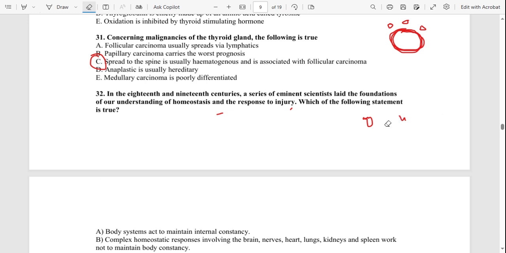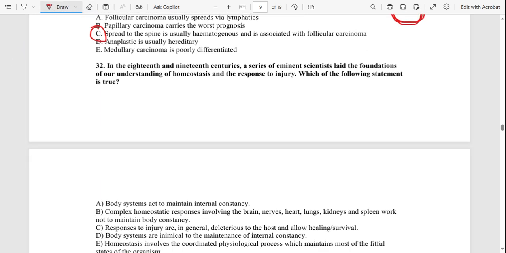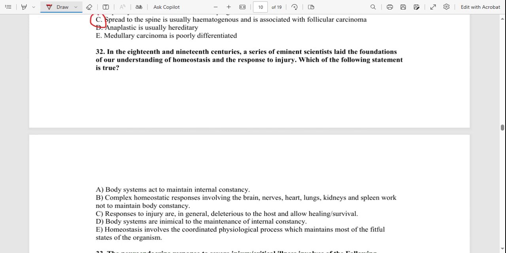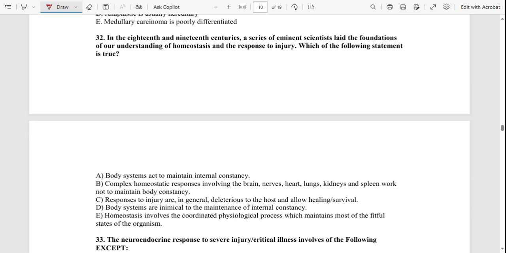Number 32 is saying, in the 18th and 19th century, a series of eminent scientists laid the foundation of our understanding of homeostasis and the response to injury. Which of the following statements is true? Body systems act to maintain internal constancy. Complex homeostatic response involving the brain, nerves, heart, lungs, kidney, and the spleen work not to maintain body constancy.